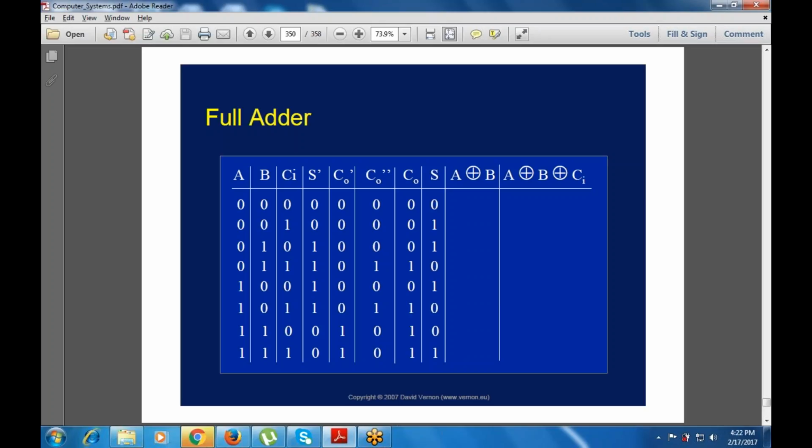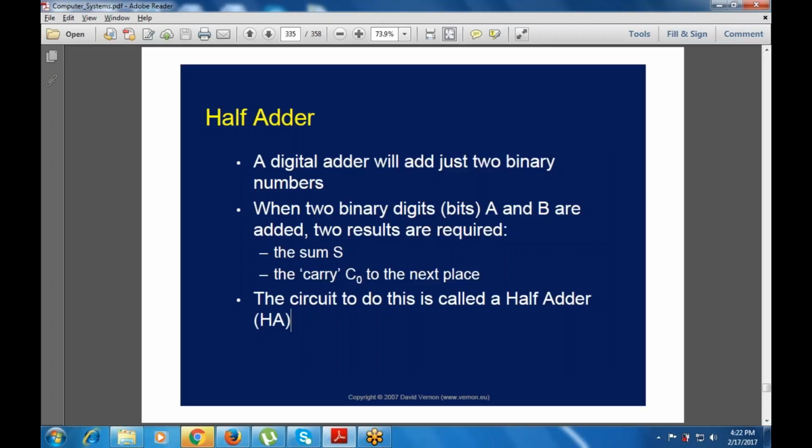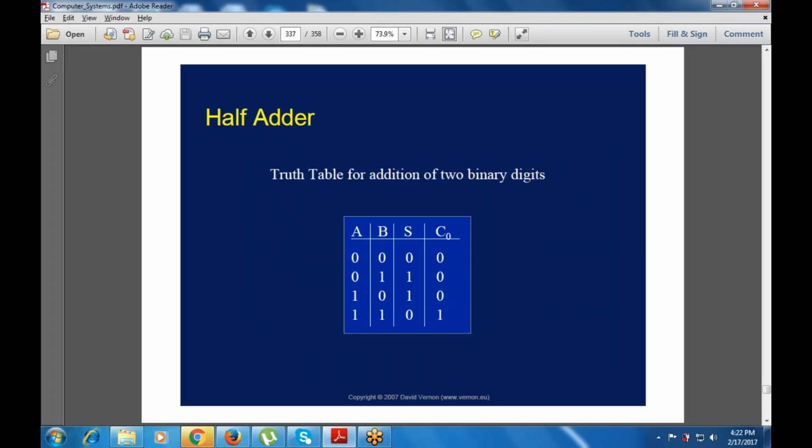Then this is A, B, CI, S0 dash, C0 dash, C0 double dash, C0, then S. And this will add two binary numbers, that is a carry 1 with the carry.